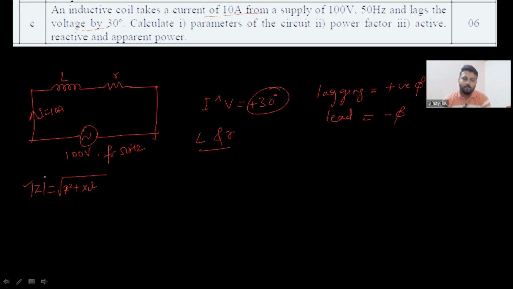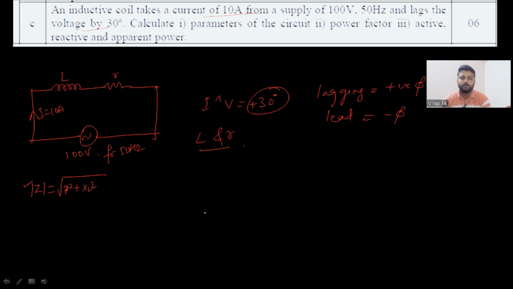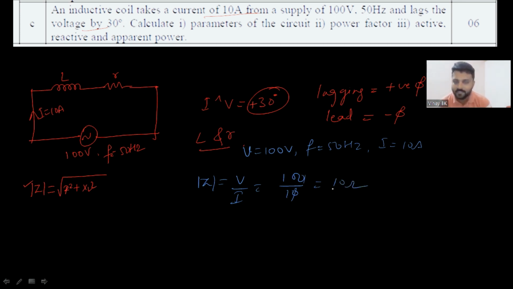But they have given a hint: V is 100 volts, frequency is 50 hertz, and I is 10 amperes. We can get the magnitude of Z directly. Z equals V divided by I, that is 100 divided by 10. You can get the magnitude of Z as 10 ohm.